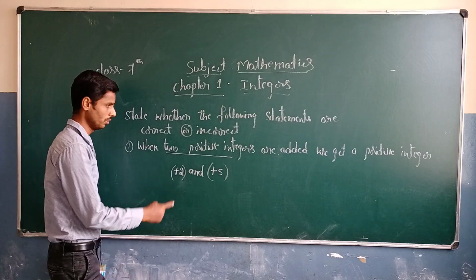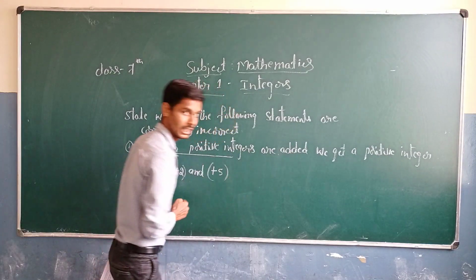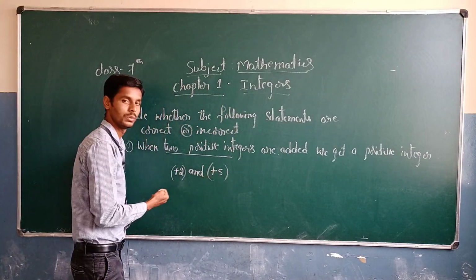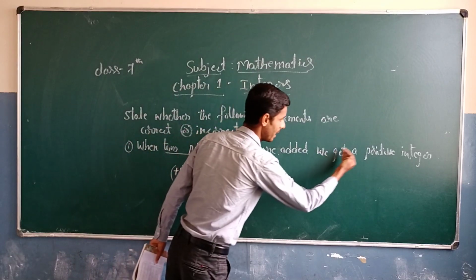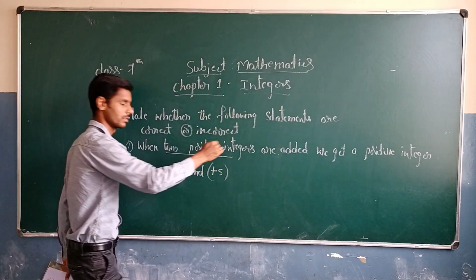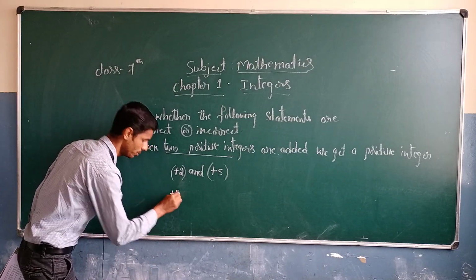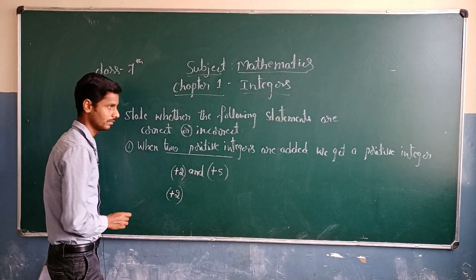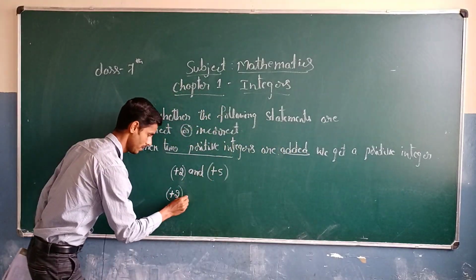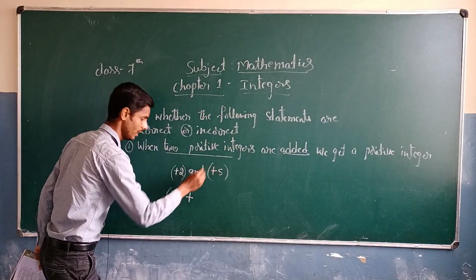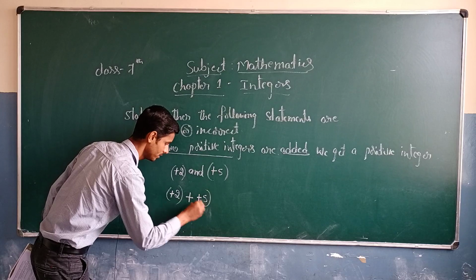What should we have to do? We have to add. If we add these two, we will get a positive integer. Let us add these two. Plus 2, added means plus. A positive integer we are adding.